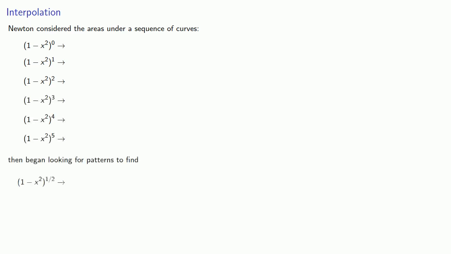Newton considered the areas under a sequence of curves: 1 minus x squared to the 0, 1 minus x squared to the 1, 1 minus x squared to the second, and so on, then began looking for patterns to find 1 minus x squared to power 1/2.